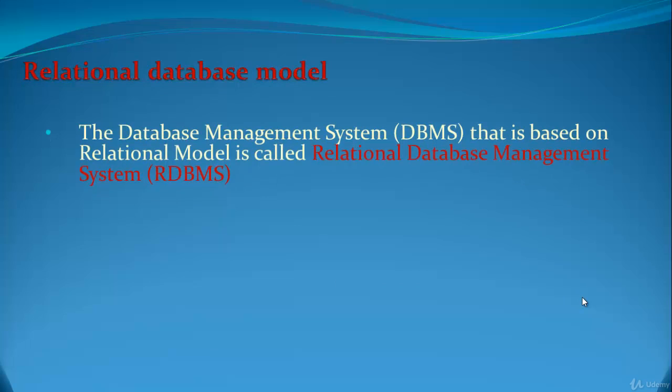The database management system that is based on the relational model is called a Relational Database Management System. In short, you can refer to it as RDBMS. Famous RDBMS are Oracle, MySQL, Microsoft SQL Server and DB2.